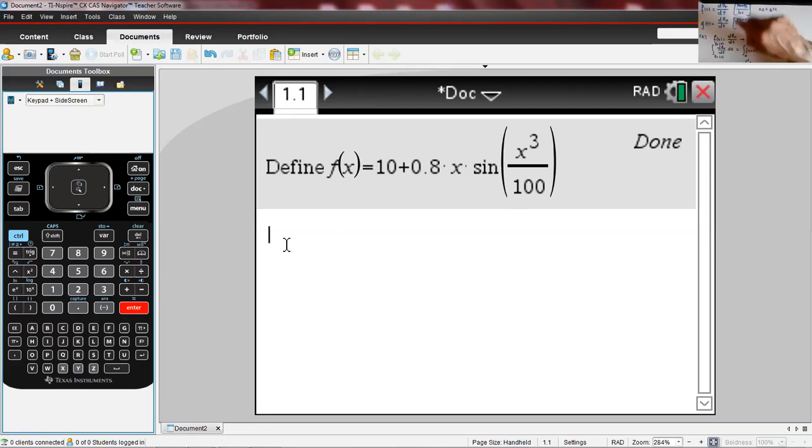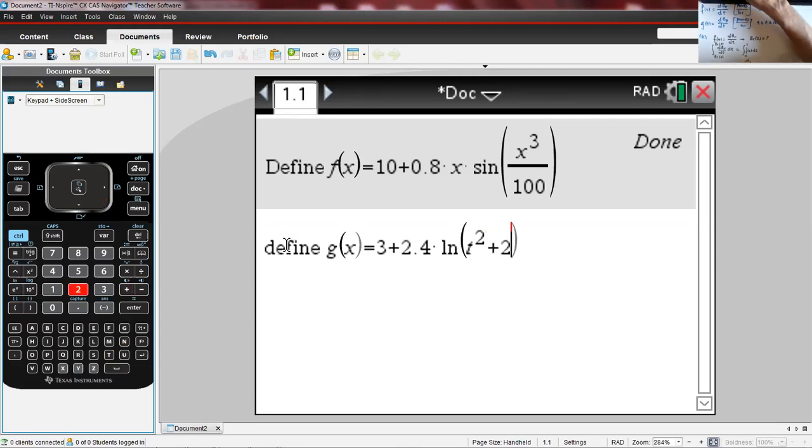Now I'm going to define the other function, g of x equals 3 plus 2.4 times the natural log of x squared plus 2x.